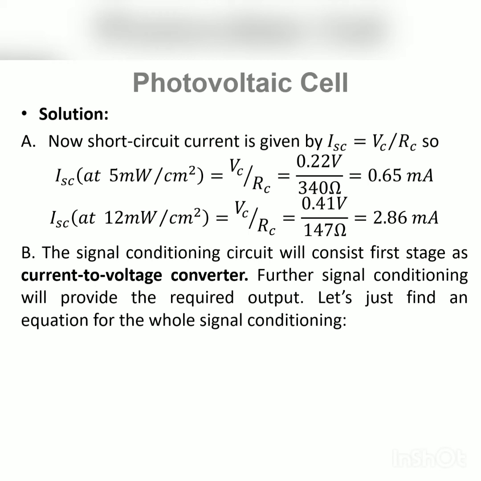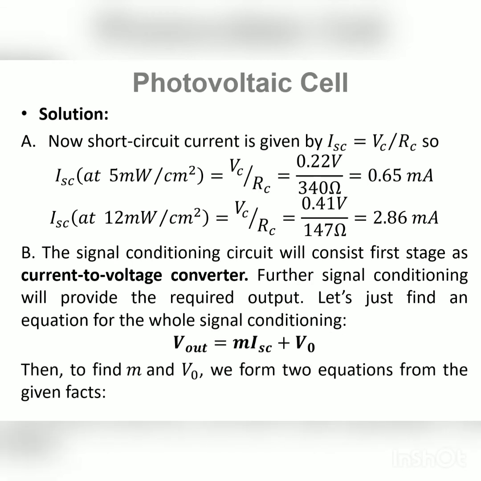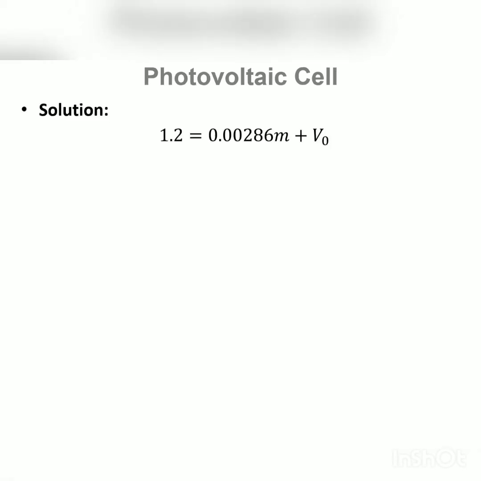Let's find an equation for the whole signal conditioning. Vout will be equal to M into ISC plus VO. To find M and VO, we have to form two equations from the given facts. 1.2 is equal to 0.00286 M plus VO, and 0.5 is equal to 0.00065 M plus VO.